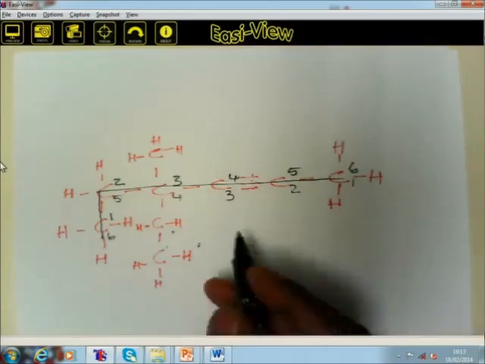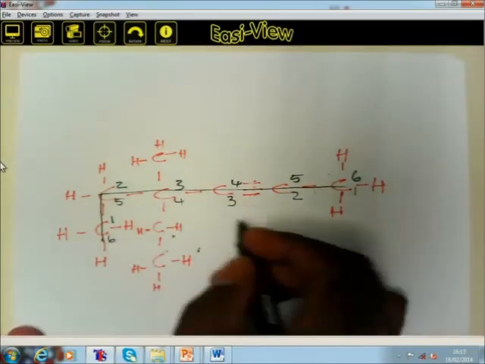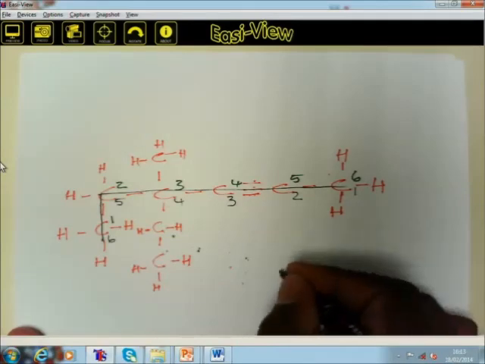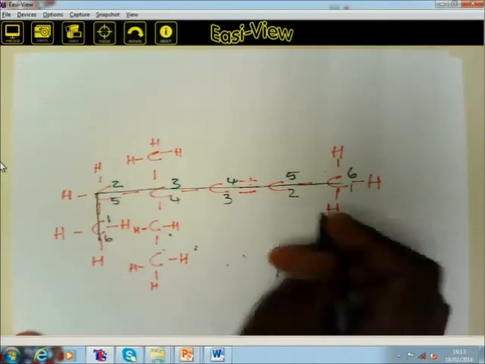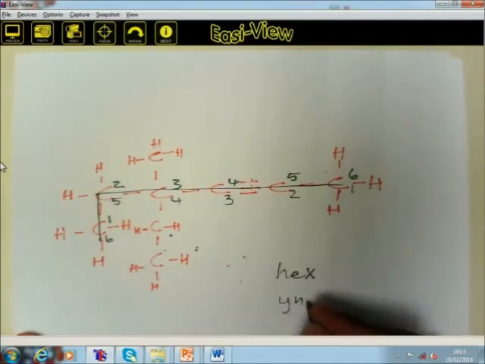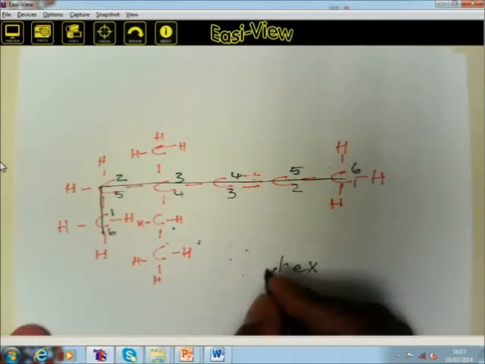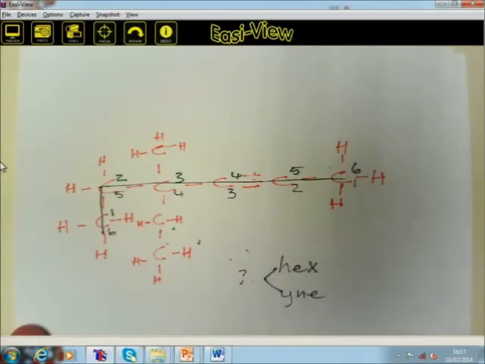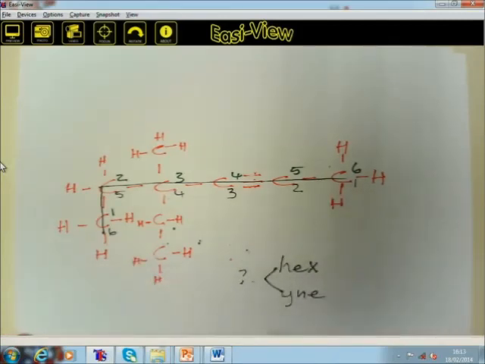So, because I know that this is an alkyne, I've got 6 carbons, so it will start with hex for 6, and then I'll have yne as my suffix. Therefore, between these two, I'll have the number that indicates the position of my triple bond. And then I check, I've got substituents.